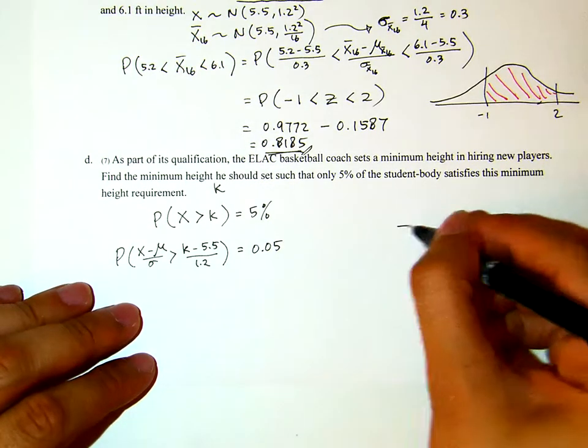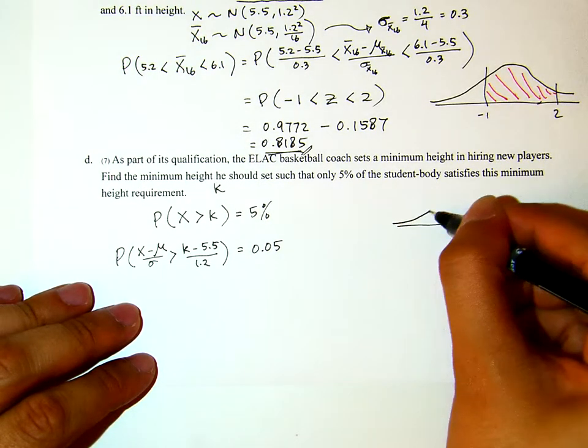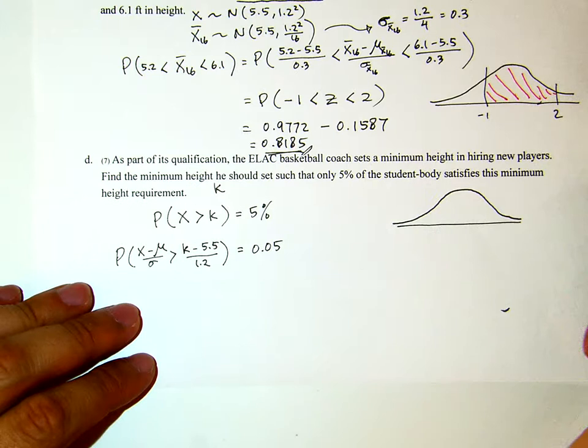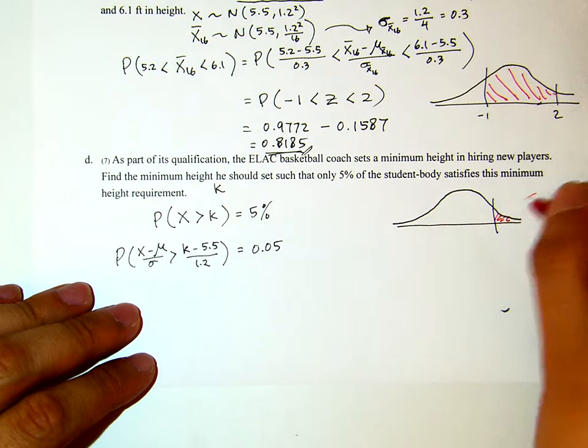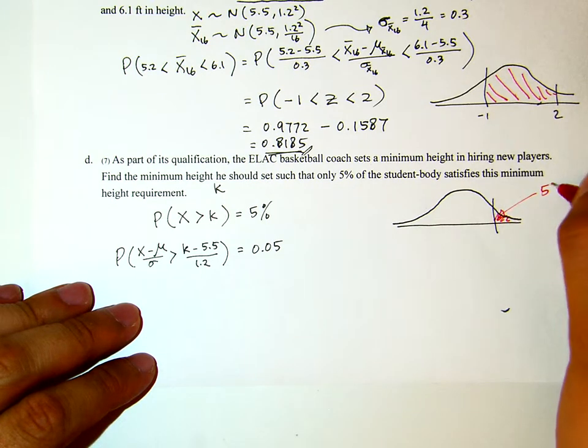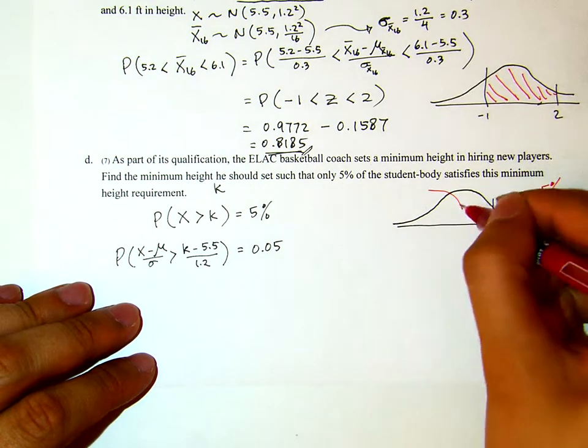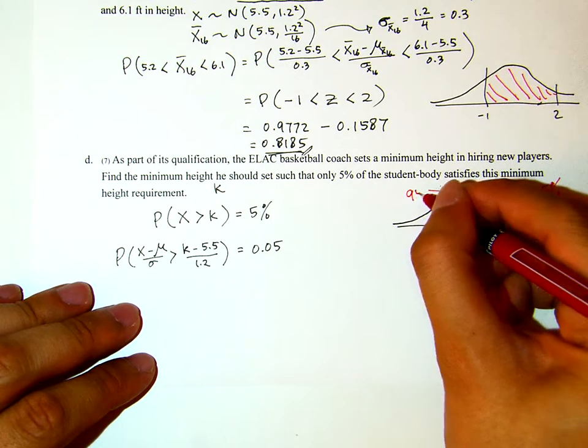The area to the right of that has to be 5%, which means the area to the left of that is 95%.